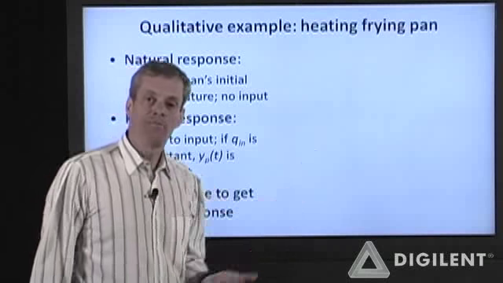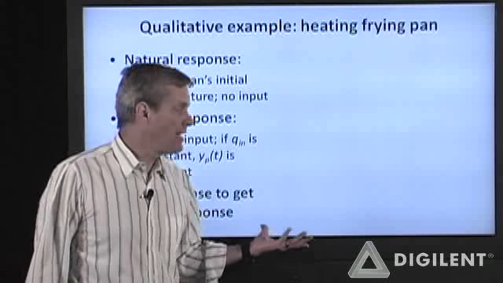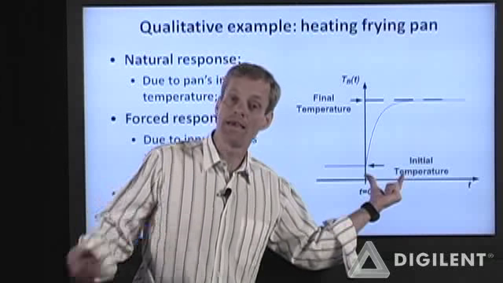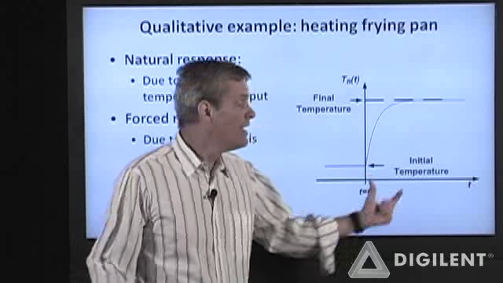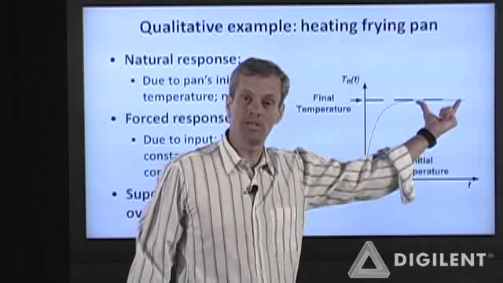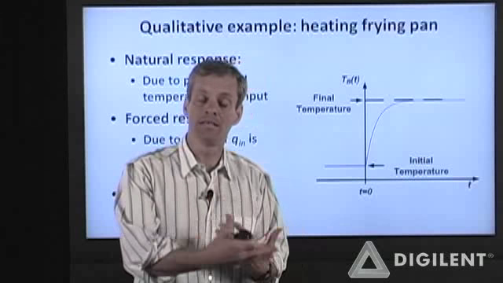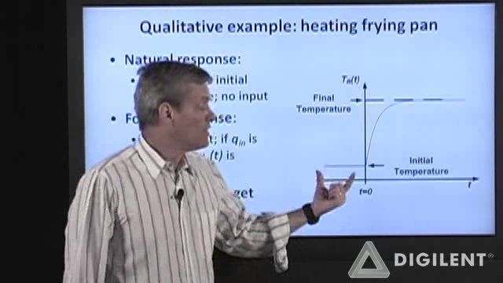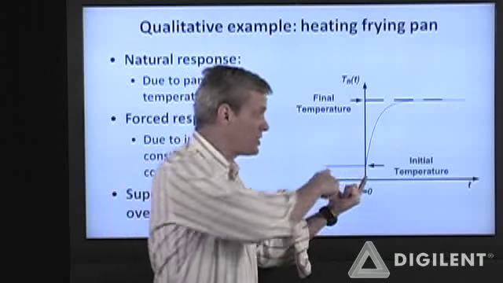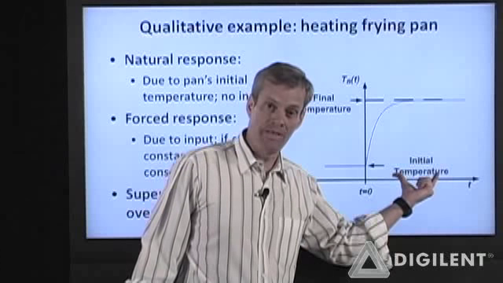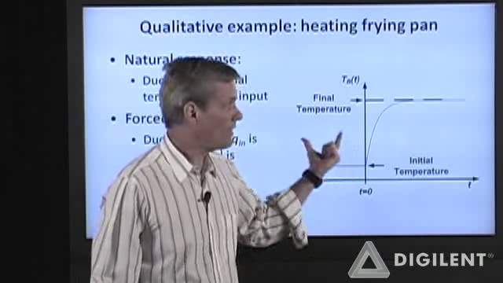And when we looked at this before, we said, okay, if I have the frying pan at some initial temperature and I suddenly start applying a constant heat input to it, the temperature of the pan is going to come up exponentially and it will eventually become constant when the heat into the pan and the heat out of the pan balance each other out. So what I've got is an initial condition, my initial state, which is denoted by the initial temperature.